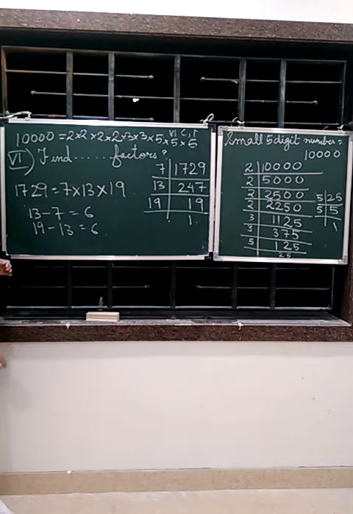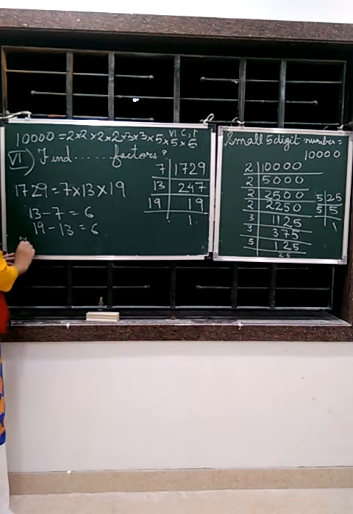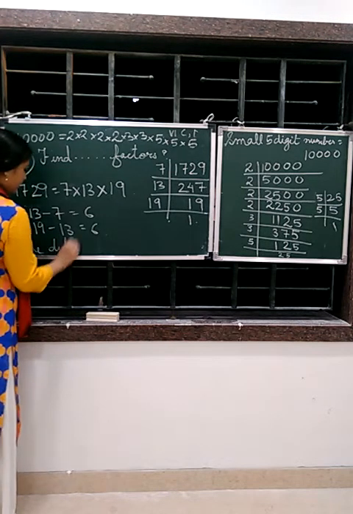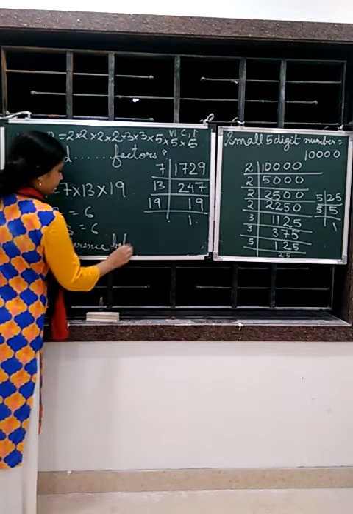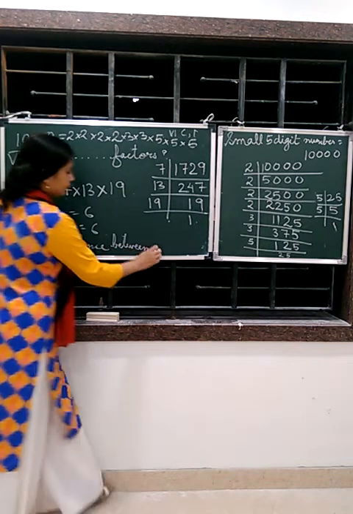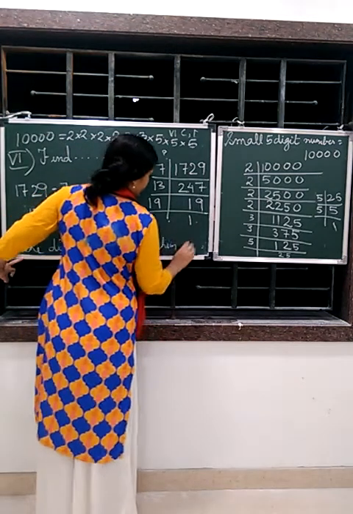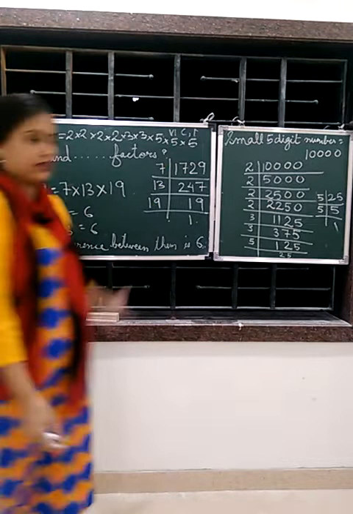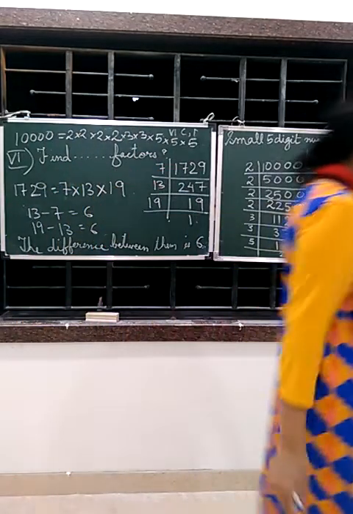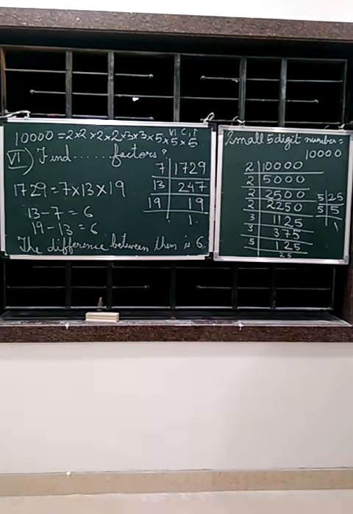The difference between them is 6. So we can write that the difference is 6. We have not arranged them in ascending order. Why? Because it is already arranged in ascending order. That is, you can see 7, 13 and 19. This completes question number 6.